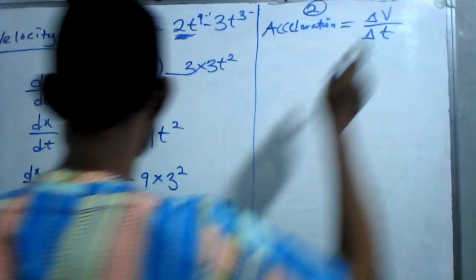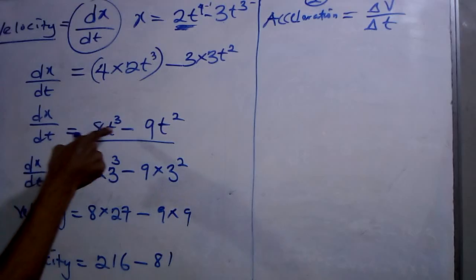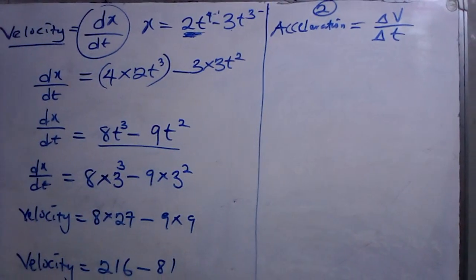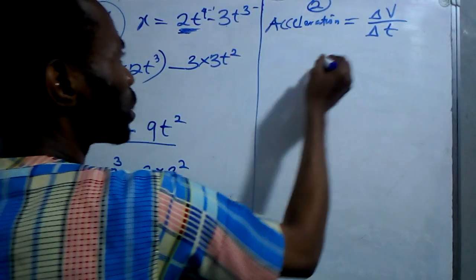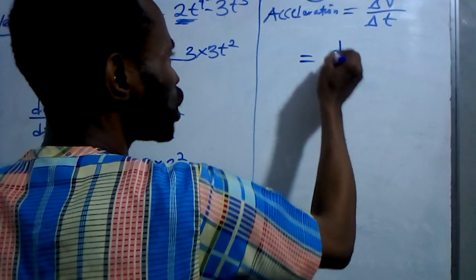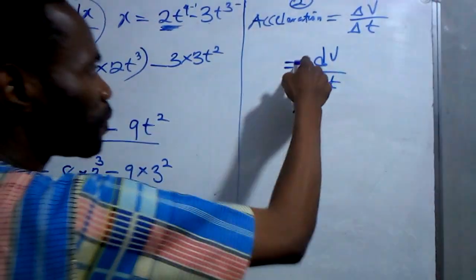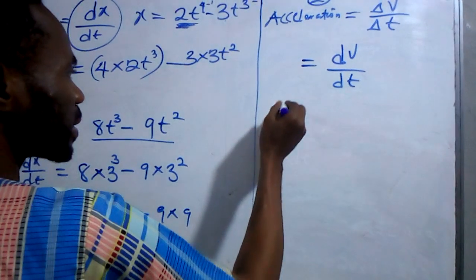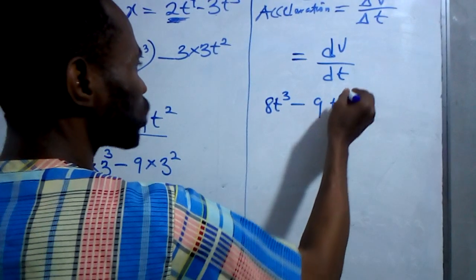Look at what we have for the velocity: 8t raised to the power 3 minus 9t squared, from when we differentiated the initial equation. So acceleration will be equal to dv all over dt, so we have to differentiate 8t raised to the power 3 minus 9t squared.